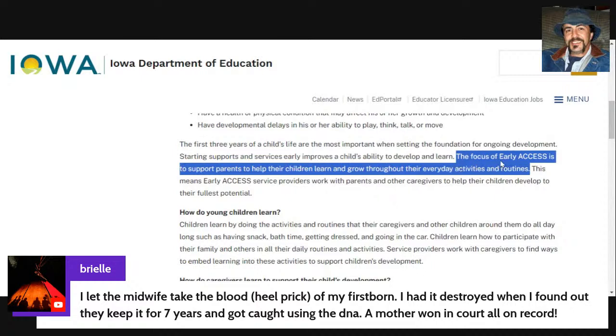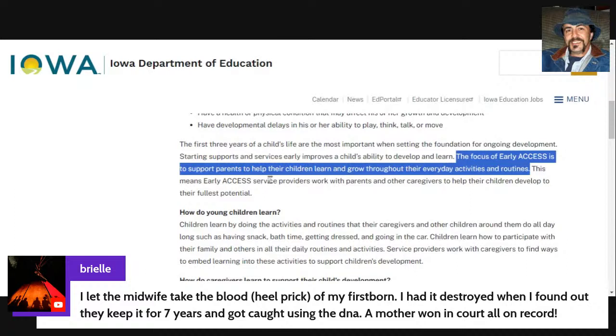I thought the focus here is to support parents to help their children learn and grow, not teachers. So I still don't see the relation to public education yet.